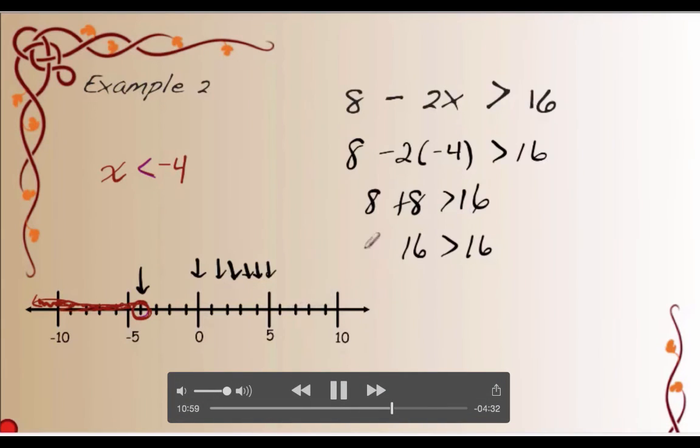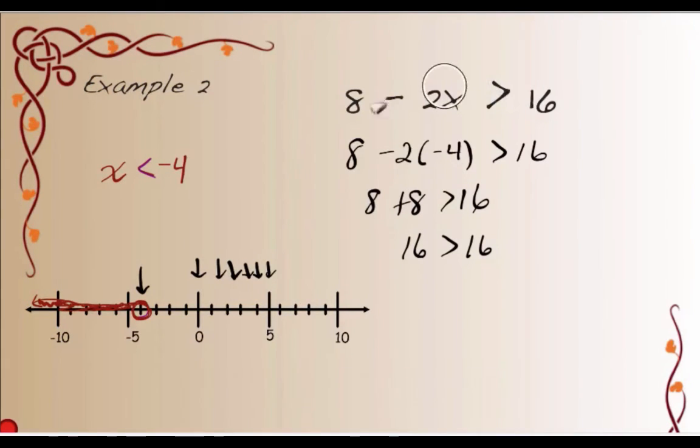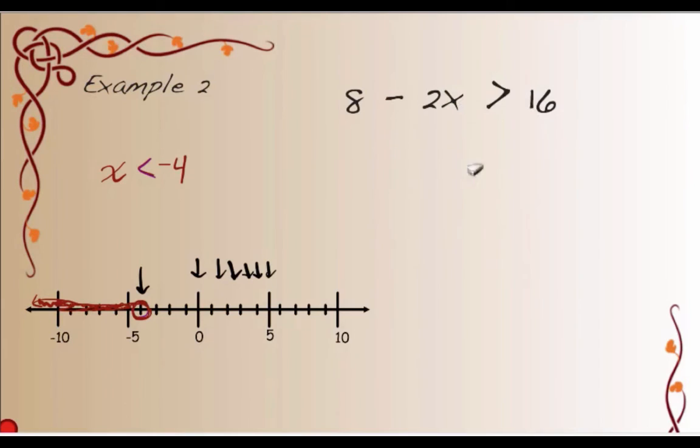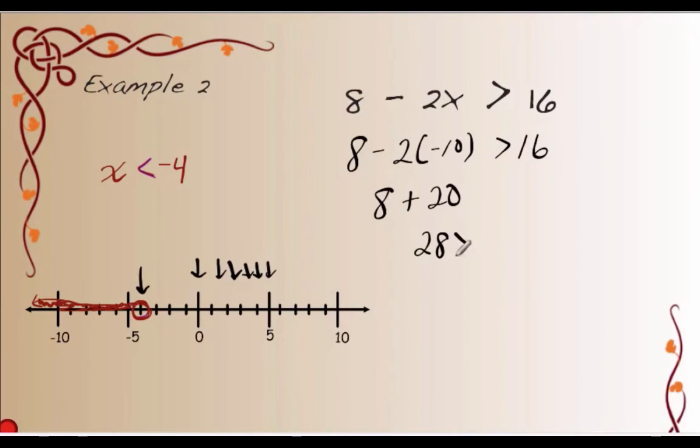I'll pick a number less than -4. Again, let's make it easier on ourselves. Let's pick -10. That becomes 8. Negative times negative is plus. So is 28 greater than 16? Absolutely. That's why all these other numbers that are shaded in work.